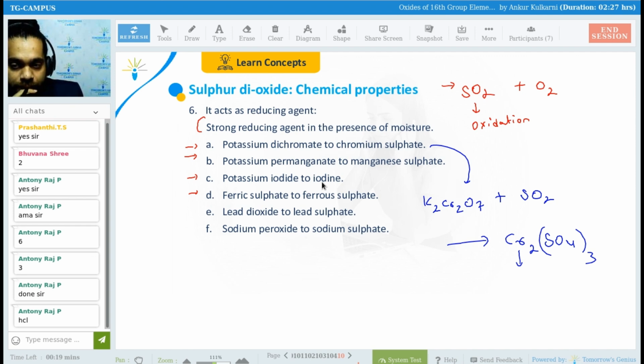Oxidation state of chromium. Yes, tell me. No one knows. Shocking.